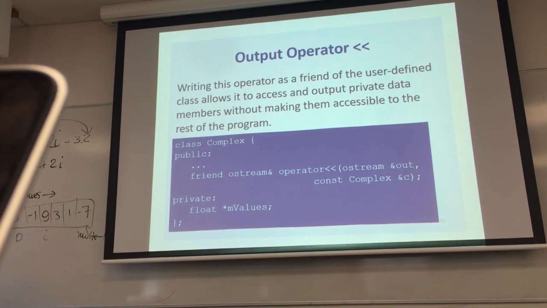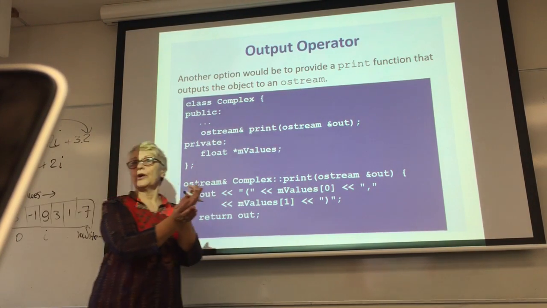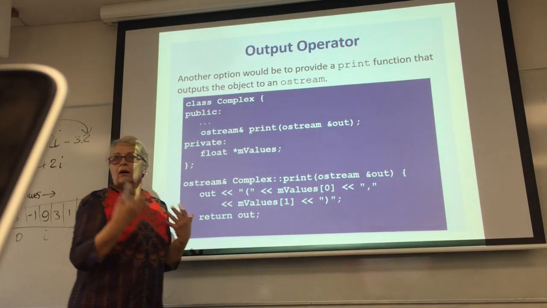When we have it as a friend, we have to put it like this. Inside the class, we give privileges. And with this declaration, we can implement it as we have seen before, because it has access to everything. If you want to be very safe and not allow friends to your class, that's allowed.